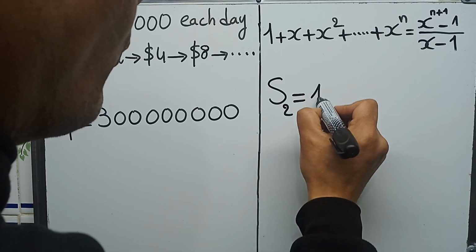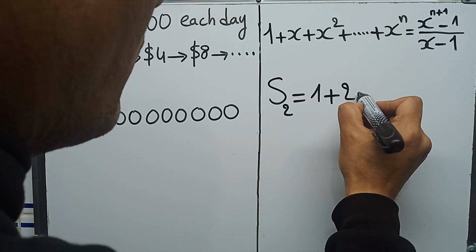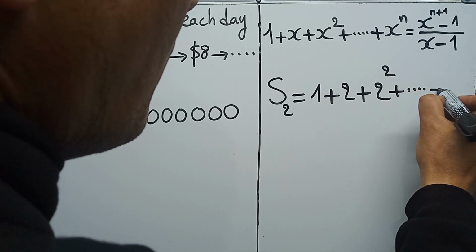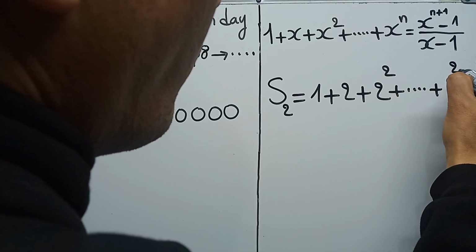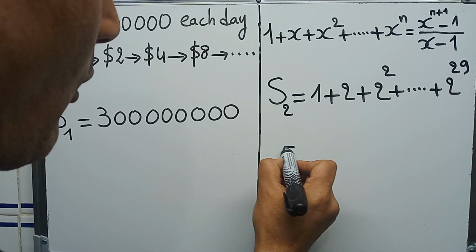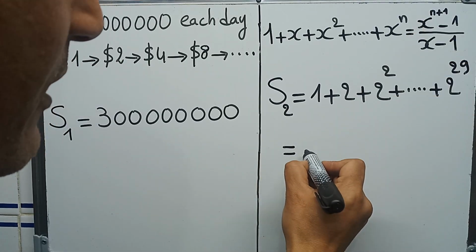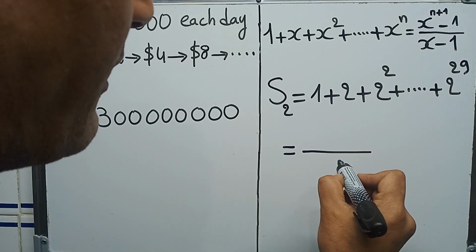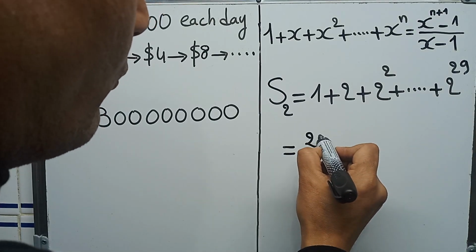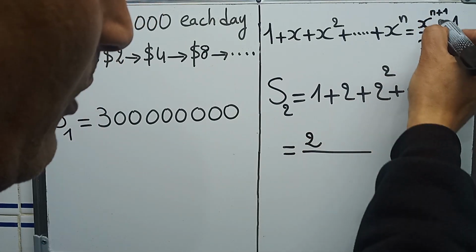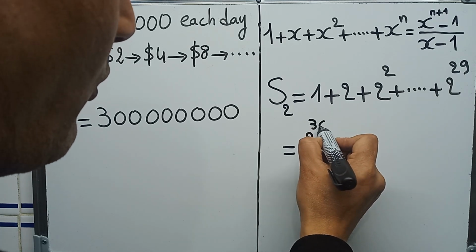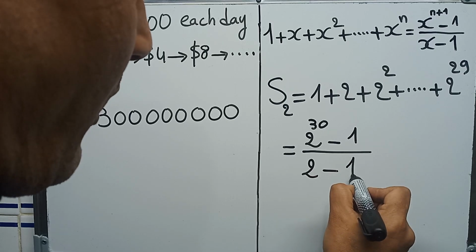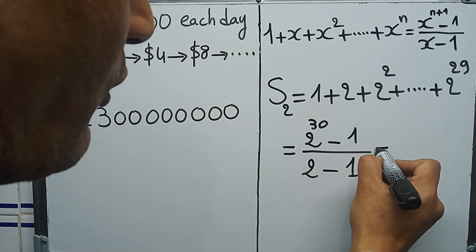Now back to our sum S2. S2 is equal to 1 plus 2 plus 2 squared plus until 2 to the power of 29. According to our formula, with x equals 2 and n equals 29, this is equal to 2 to the power n plus 1, 29 plus 1, which is 30, minus 1 over 2 minus 1. And 2 minus 1 is just 1.